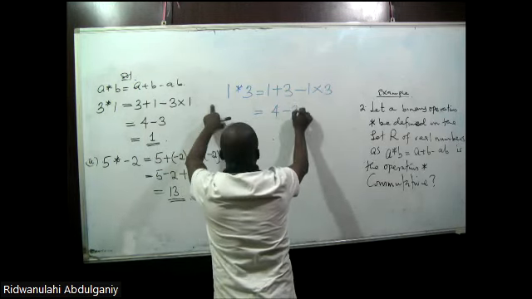Or let me say 2PQ. Full stop. Verify if circle plus is commutative.